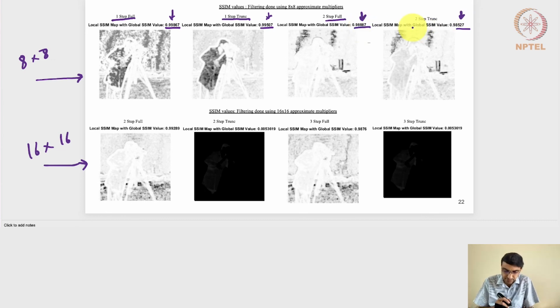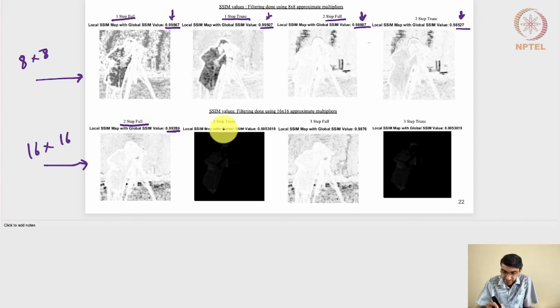If I use the 16-bit and do the 2-step full and then 3-step full, right? In the 16x16-bit, it's not only the first and second stage, but also a third stage is available, because the number of columns is higher and the length is also higher. So we can easily apply the approximate compressors even to the third stage. In that case, with 2-step full, meaning 2 stages where we apply the approximate compressors, we get an SSIM value of 0.99.